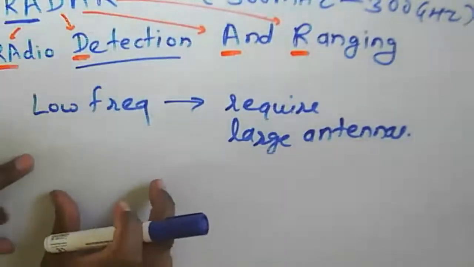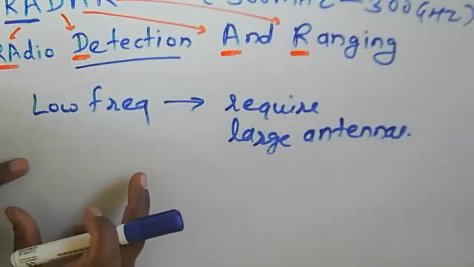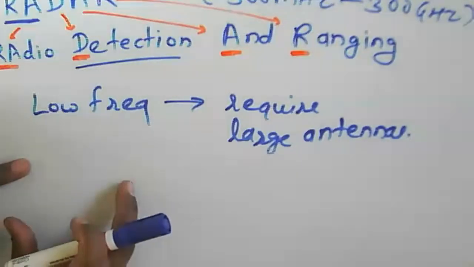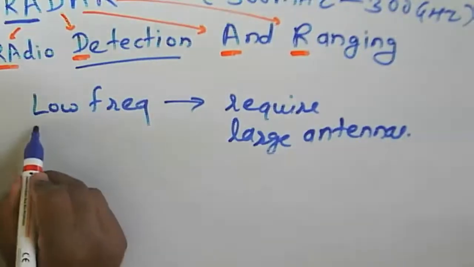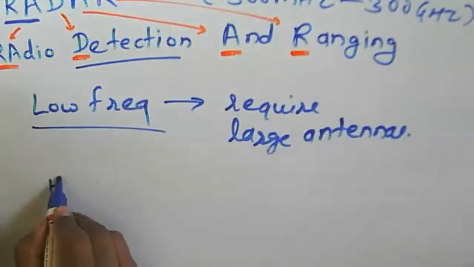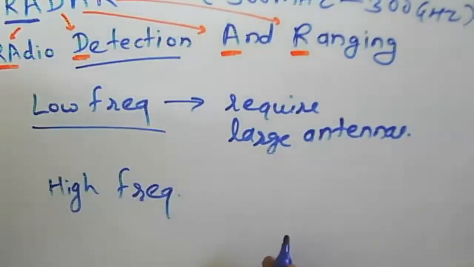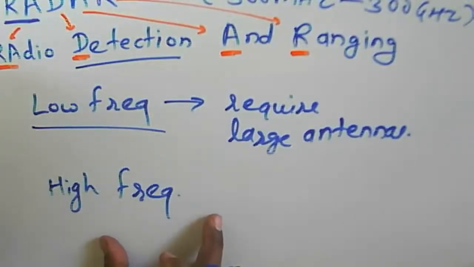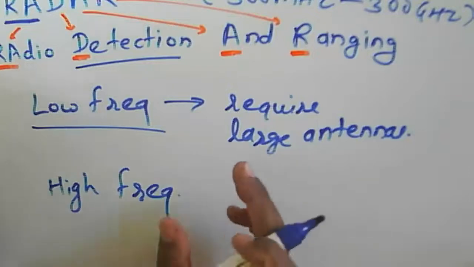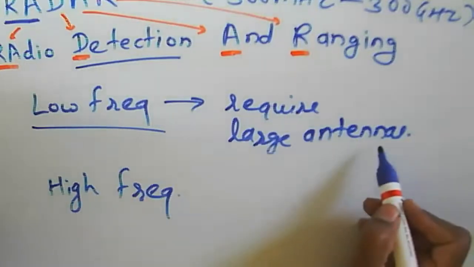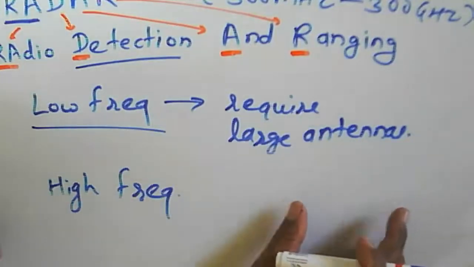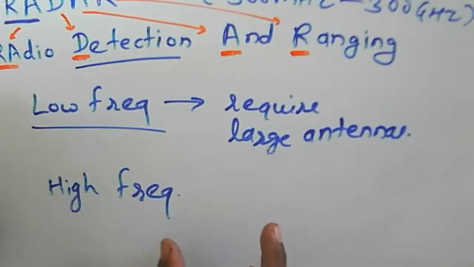Now if we consider a high frequency signal, right now we talked about low frequency radar, and if we are using a high frequency signal, then the requirement for the antennas and the requirement for the power will be minimized.